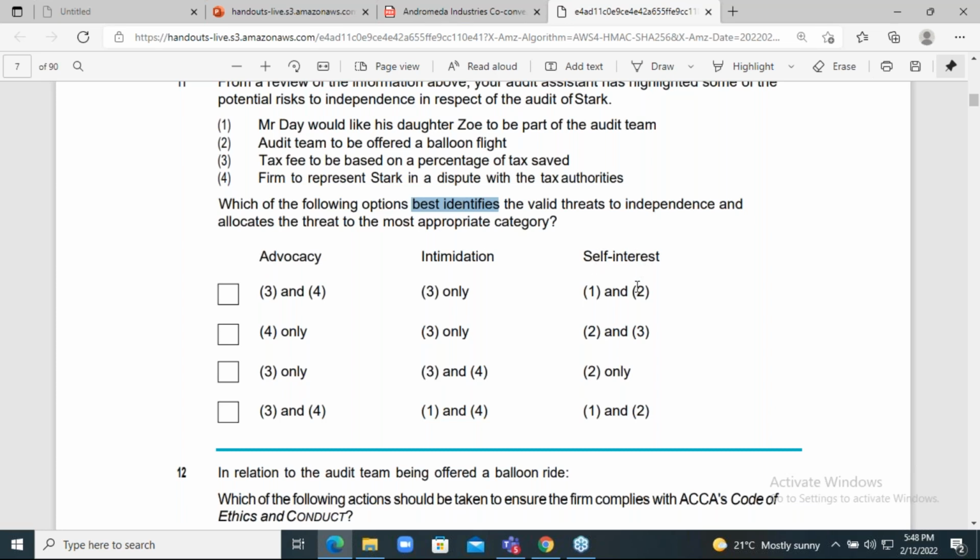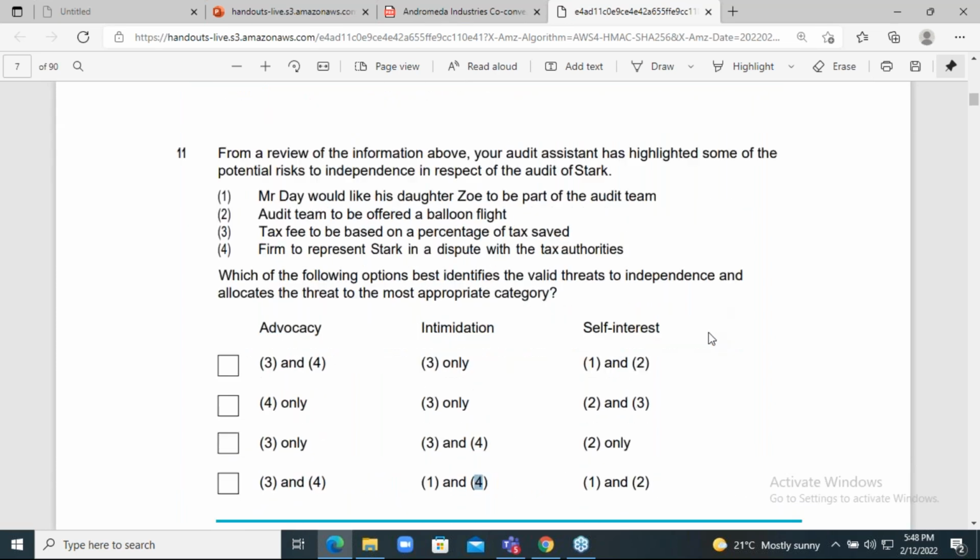So if you are going to calculate every bit of the information provided here, what risk arises in option 3, what risk arises in option 4, what risk arises in option 1, and so on, this will be very difficult for you and very tempting. So what intelligent students normally do is pick only one option on which they are 100% confirmed, like tax fee based on the percentage of tax saved.